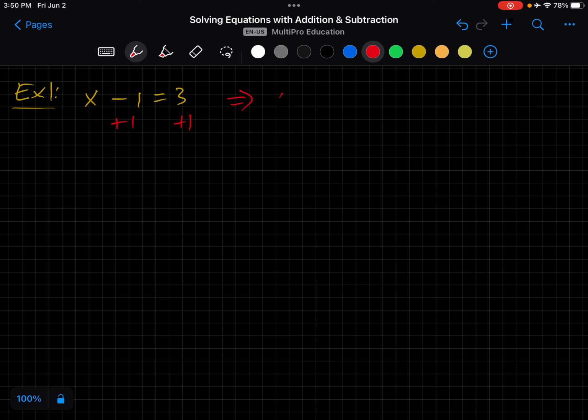So if we rewrite this, that's x minus 1 plus 1 is equal to 3 plus 1. Alright, so we know that when we add plus 1 and minus 1, this becomes 0. So therefore, we get x is equal to 3 plus 1, that's 4.